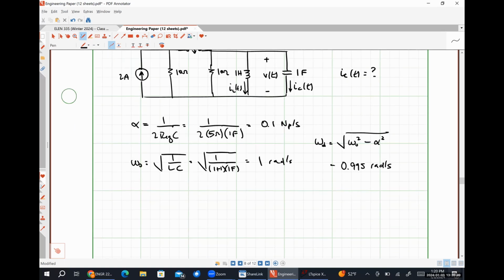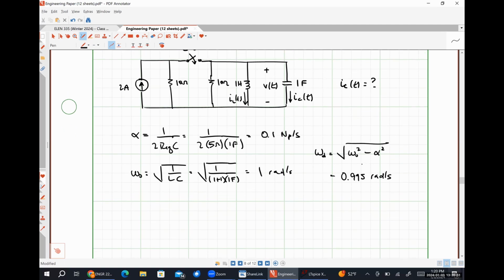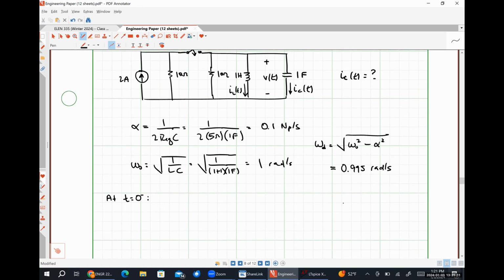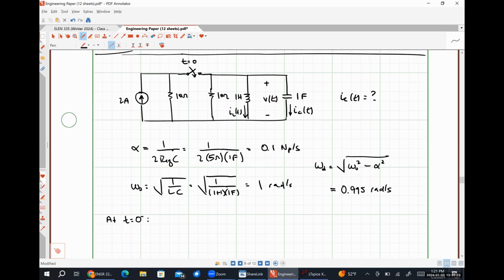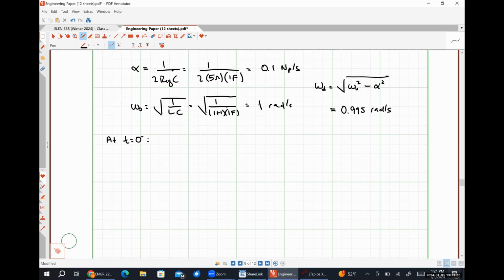All right, so now let's analyze things at t equals 0 minus. Just a poorly drawn equal sign. All right, so at t equals 0 minus, our switch is open. So we have this circuit.